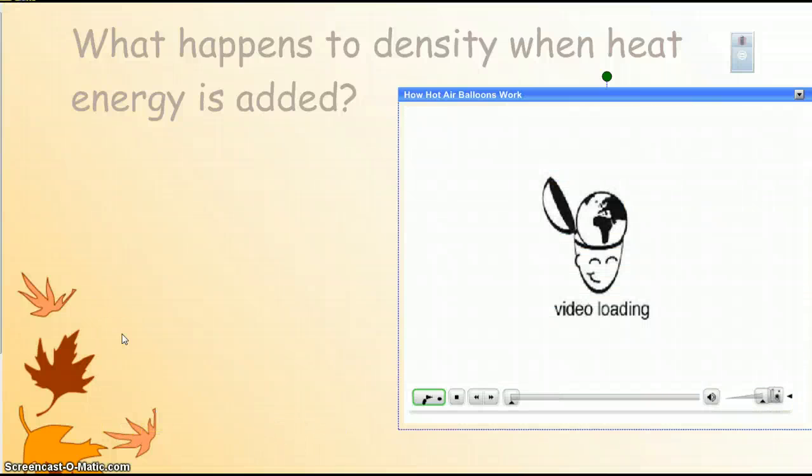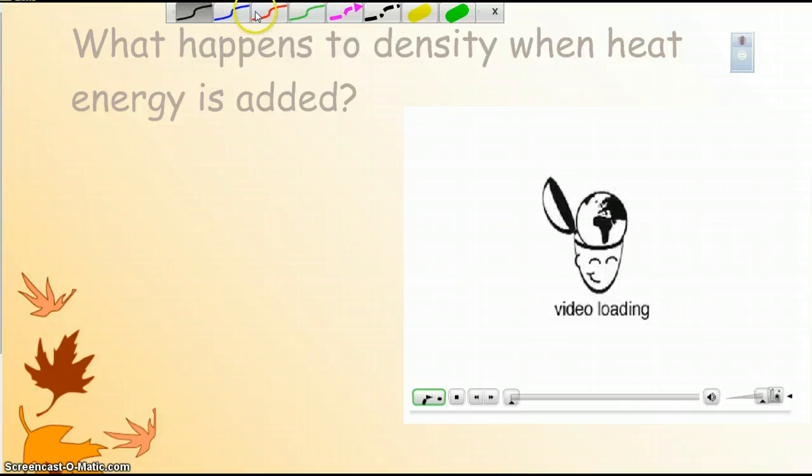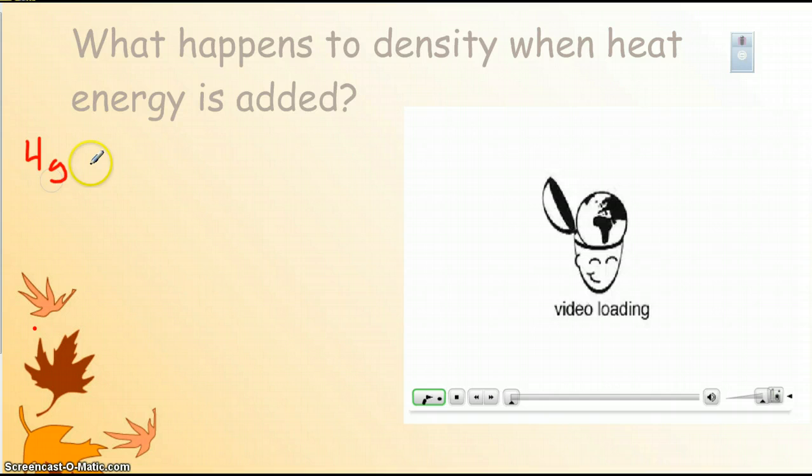Alright, what happens to density when heat energy is added? Sorry for the technical difficulties. So we can prove this mathematically, and we can also look at a picture or look at hot air balloons and prove it. Okay, so let's say, just for ease of numbers sake, our mass is 4 grams, and our volume is 2 milliliters.